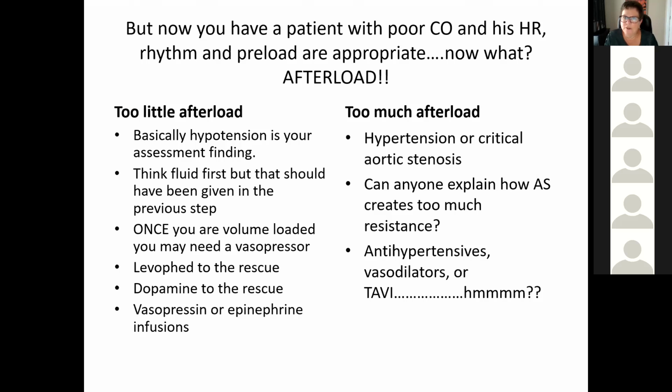So we always look at preload first. And if we think that low preload is the problem because the blood pressure is too low, then we will give volume. But if you have adequately volume resuscitated a patient and you still have low blood pressure, then you need to add a vasopressor. We have a couple of them.